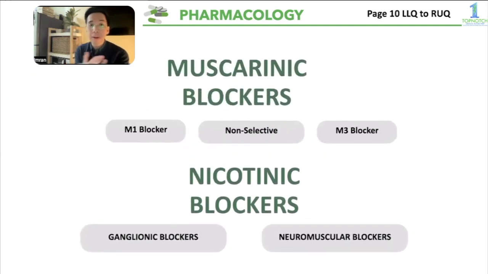Now, to summarize, your blockers, you have your muscarinic blockers, M1 blockers, zepines. You have your non-selective, yung atropine, and your M3 blockers. And then you have your nicotinic blockers, your ganglionic blockers, and your neuromuscular blockers. Yung ganglionic blockers natin, ito yung mga ginagamit for hypertensive emergency before. Pero sabi natin, hindi na ginagamit dahil anong blinak niya?